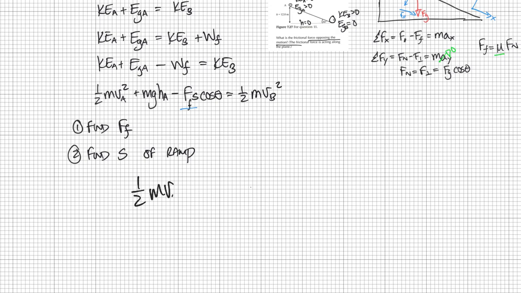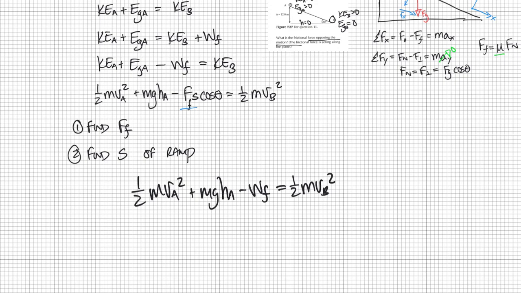1/2 mva squared plus mgha. I'm just going to leave this as minus the work done by friction equals 1/2 mvb squared. I'm just going to do that so we can get everything else to the other side first.